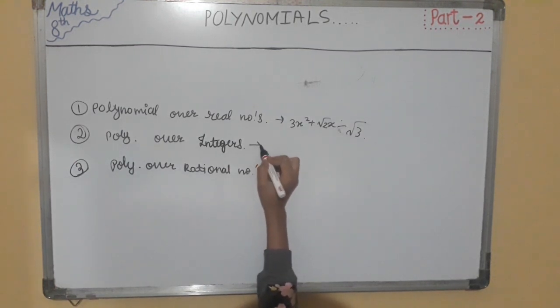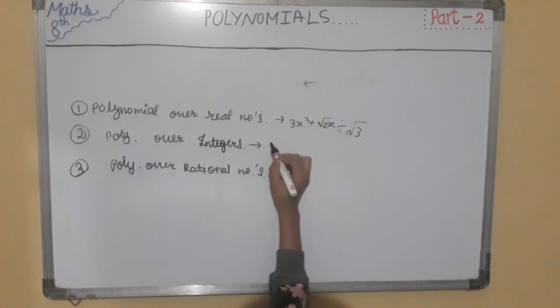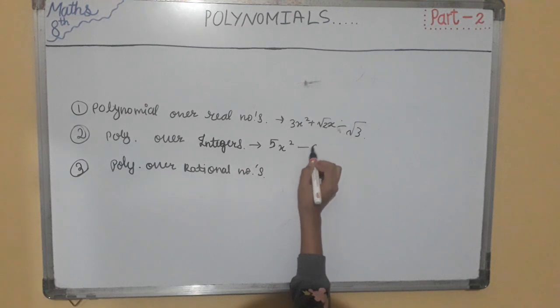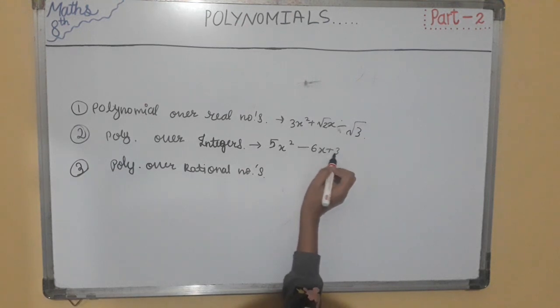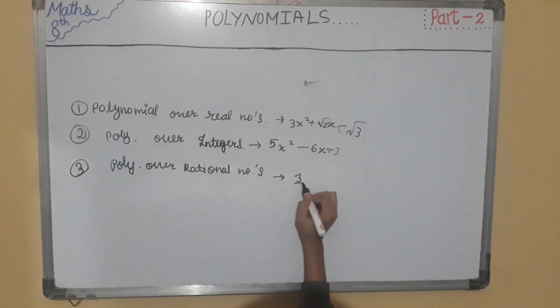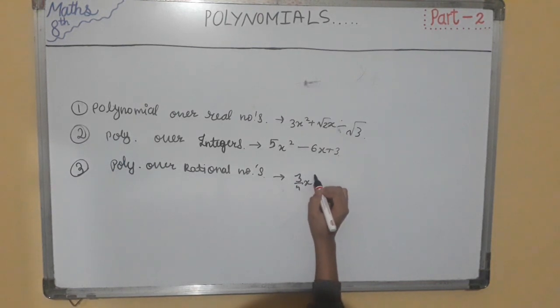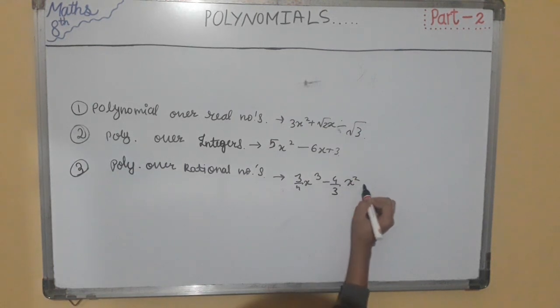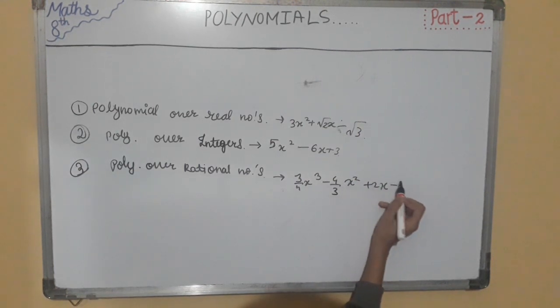Second example is 5x square minus 6x plus 3. And this example is 3 by 4 x cube minus 4 by 3 x square plus 2x minus 1.